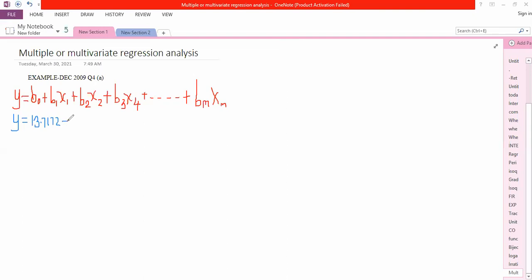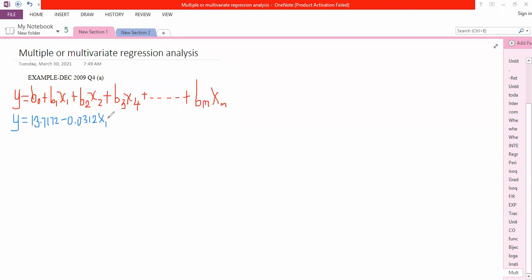Then we have our B1, the corresponding coefficient to x1, which is negative, minus 0.0312, with the corresponding independent variable x1.